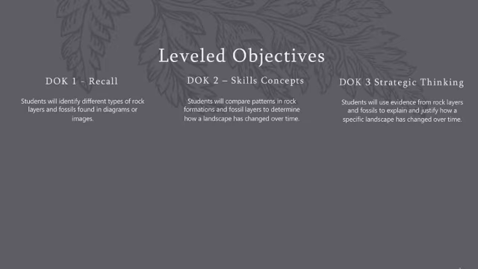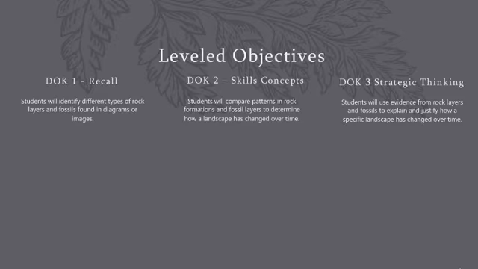Moving on to depth of knowledge level 2, with skills and concepts, students should and will compare patterns in rock formations and fossil layers to determine how a landscape has changed over time.